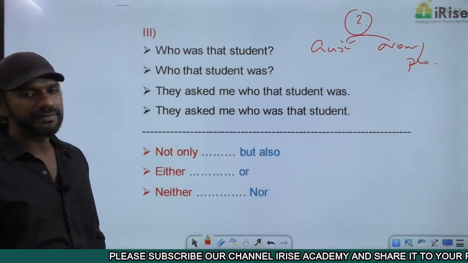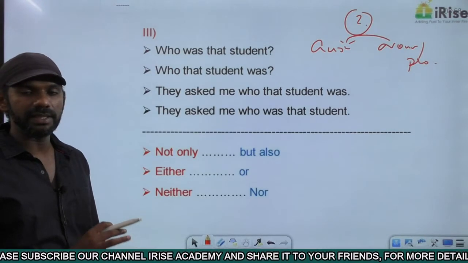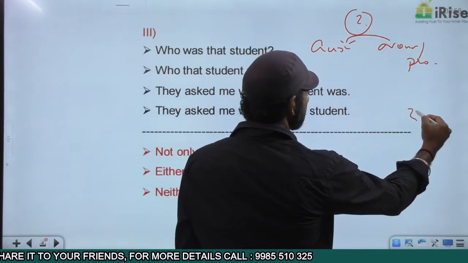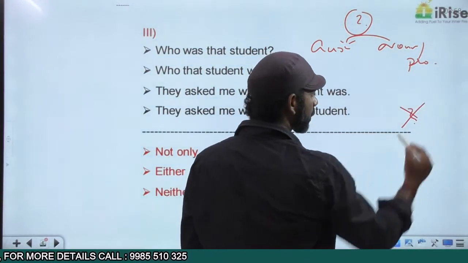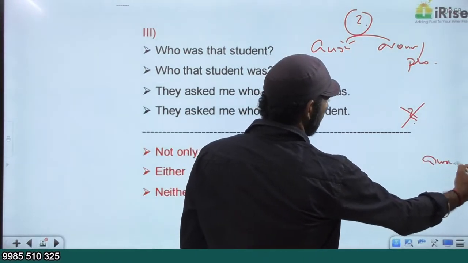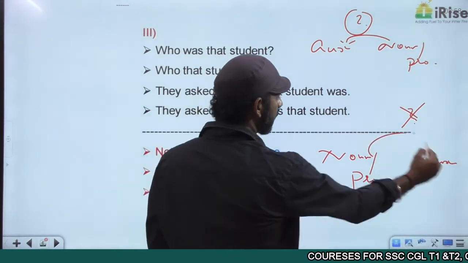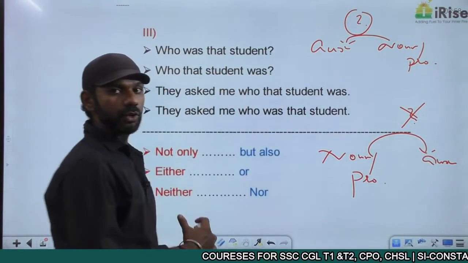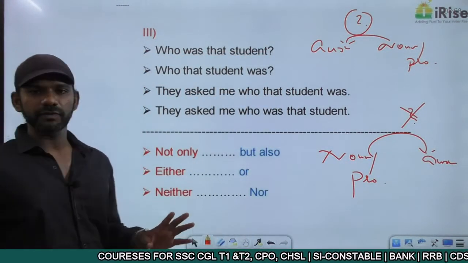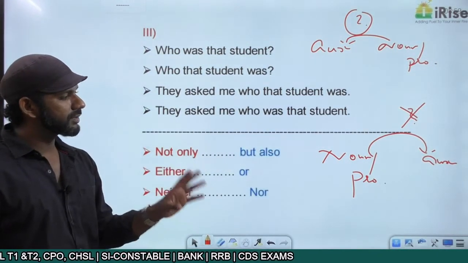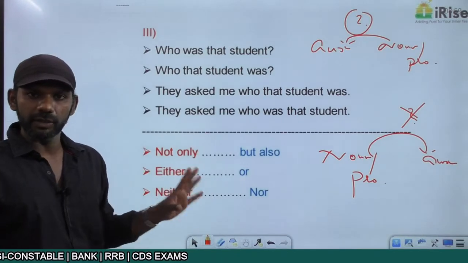If it is not an interrogative sentence, the auxiliary verb must appear after the noun or pronoun. This is the rule we discussed.